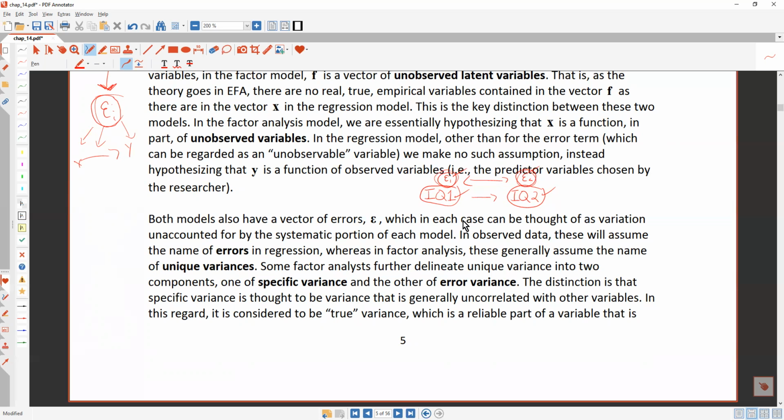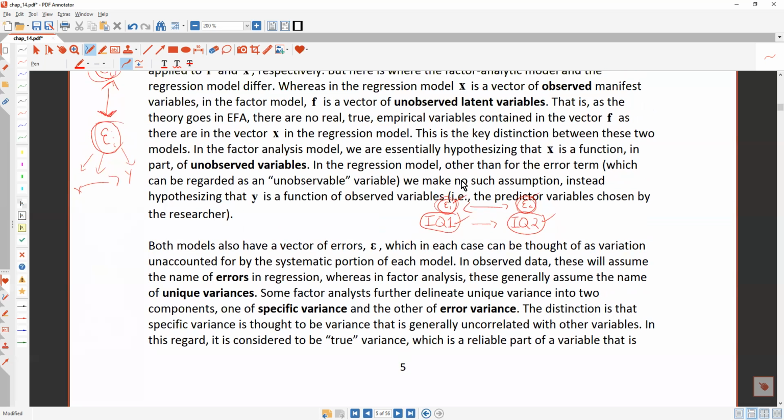So getting back to this, we said that F is a vector of unobserved latent variables, and X is observed. We'll get back to those error terms in these particular notes, which I'm going to post after today's lecture. What's contained in the error term, we sometimes call specific variance or error variance.